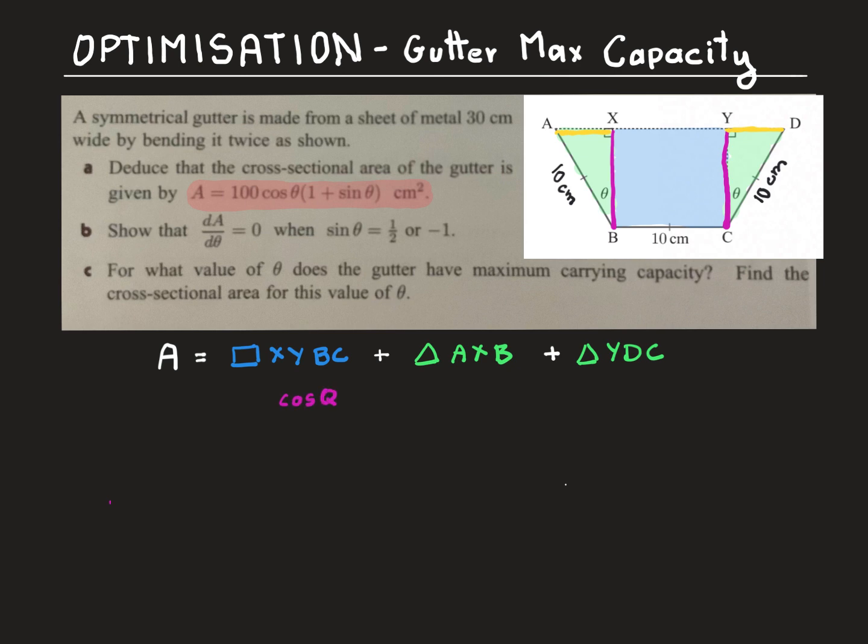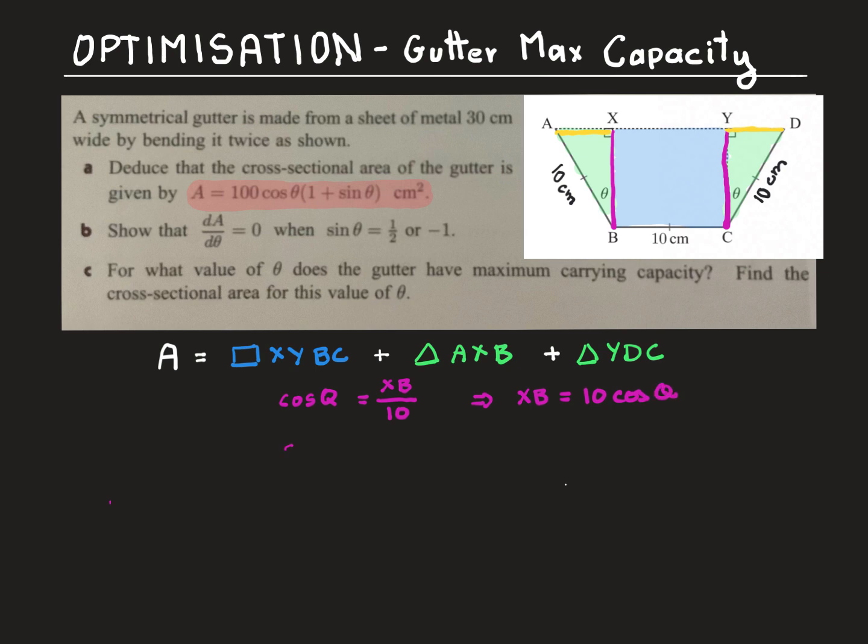We know that cos theta would be XB, adjacent side, over the hypotenuse side, which is this. And since we want to find what XB is, that's actually 10 times cos theta.